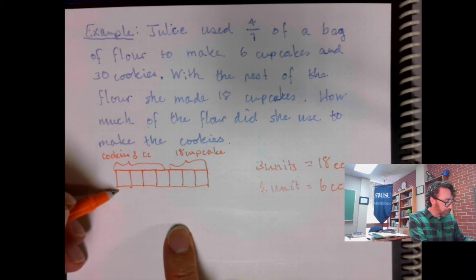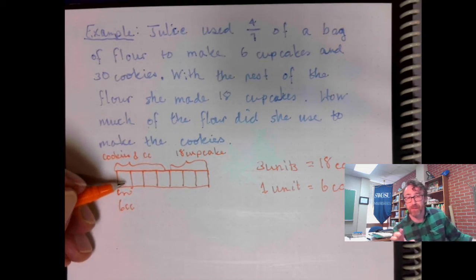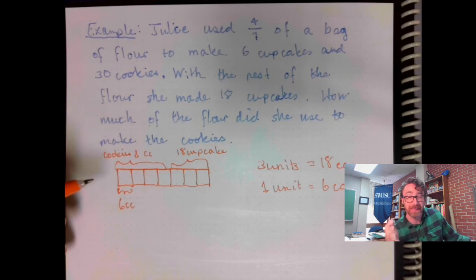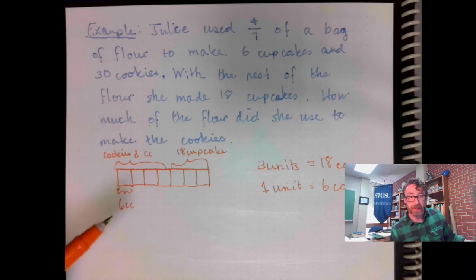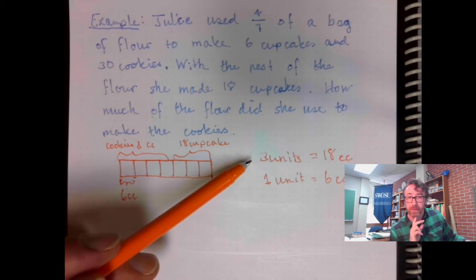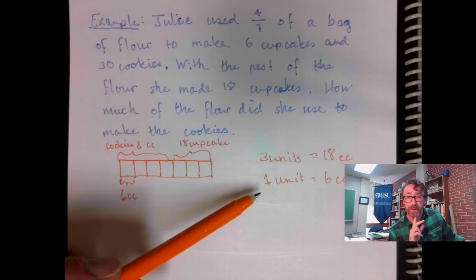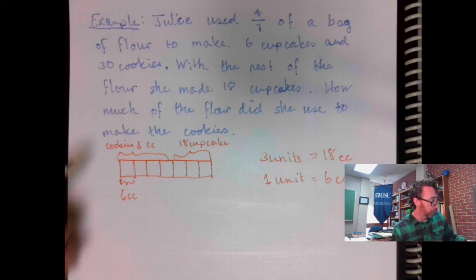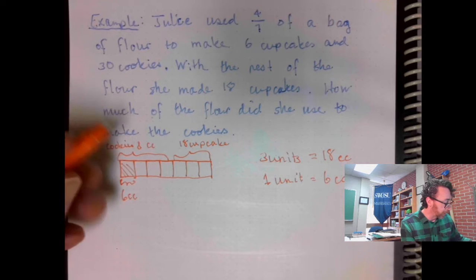Okay, so that tells me over here, on this side, with the 6 cupcakes, she would have used 1/7 of the flour. Remember that first round of baking had 6 cupcakes, 30 cookies. And by our calculations here, each unit of the diagram corresponds to enough flour to make 6 cupcakes. So this is the amount of flour that got used to make the 6 cupcakes.